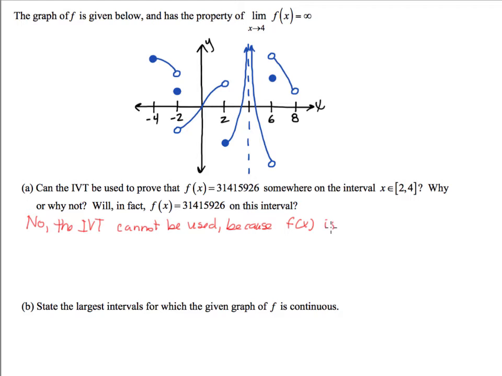And the main point is that the function value at f of 4 does not exist, but the limit is equal to infinity. So since the function value does not equal the endpoint value at 4, we know that we have a discontinuous function, and the intermediate value theorem does not work.